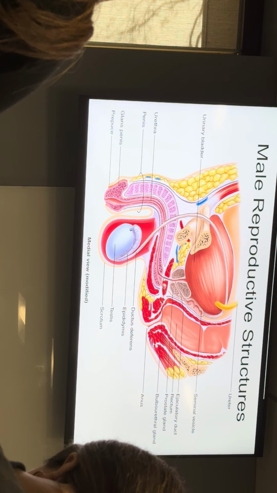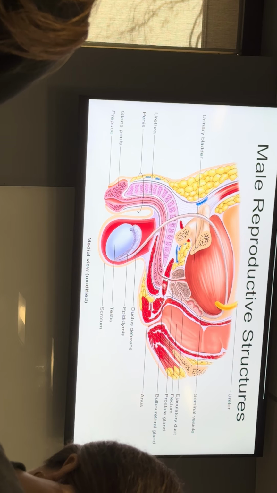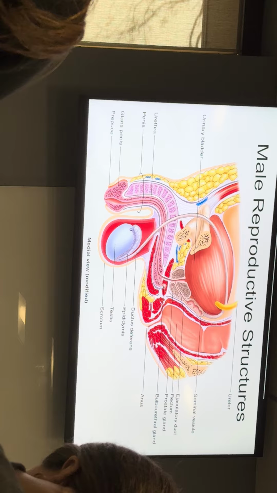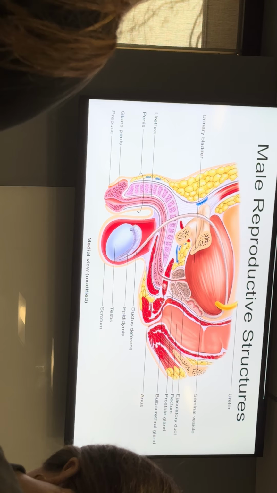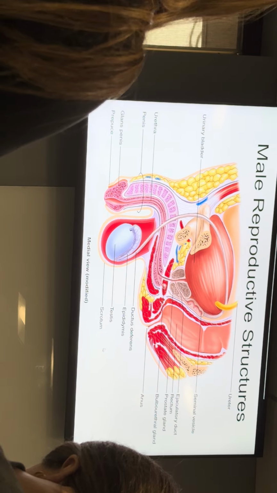Then you have your urethra: prostatic urethra, membranous urethra, spongy or penile urethra. And then there's one more accessory gland called the bulbourethral gland or Cowper's gland that makes your pre-ejaculate. The pre-ejaculate is the stuff that comes out a few minutes before a guy ejaculates. So we'll get to that in a bit.